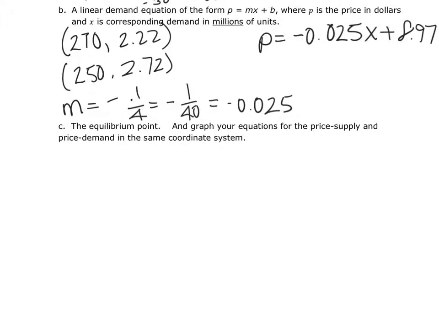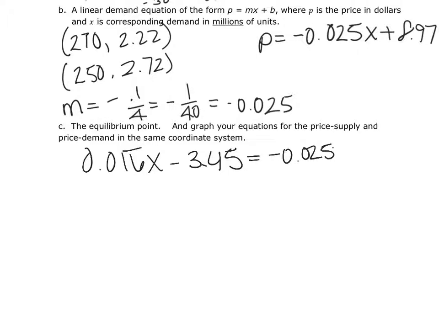My first equation that I found was the 0.016 repeating x, and my b value on that one was minus 3.45. And it's going to equal my second equation, which is negative 0.025x plus 8.97.